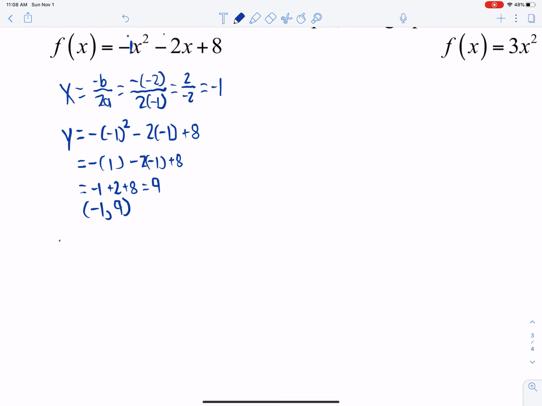to find the x intercepts, we set the whole function equal to 0. Negative x squared minus 2x plus 8 equals 0. Now factoring when you have a negative in front of the x squared is kind of a mess.